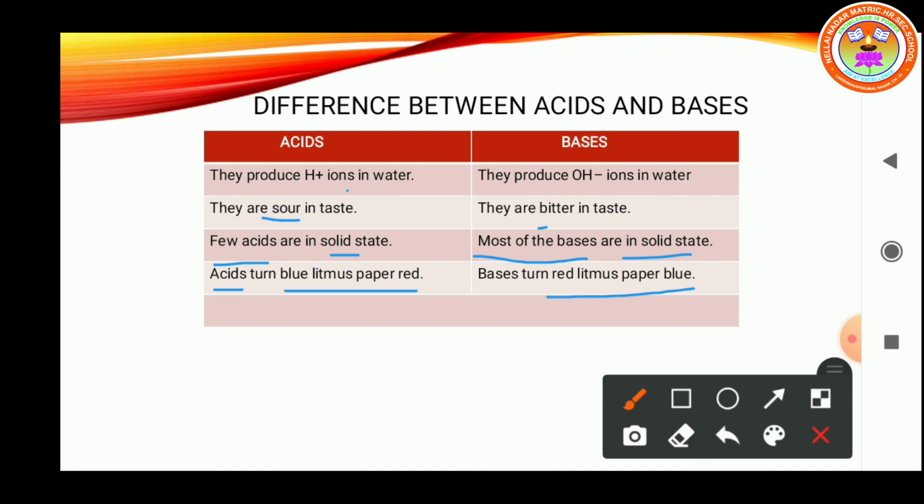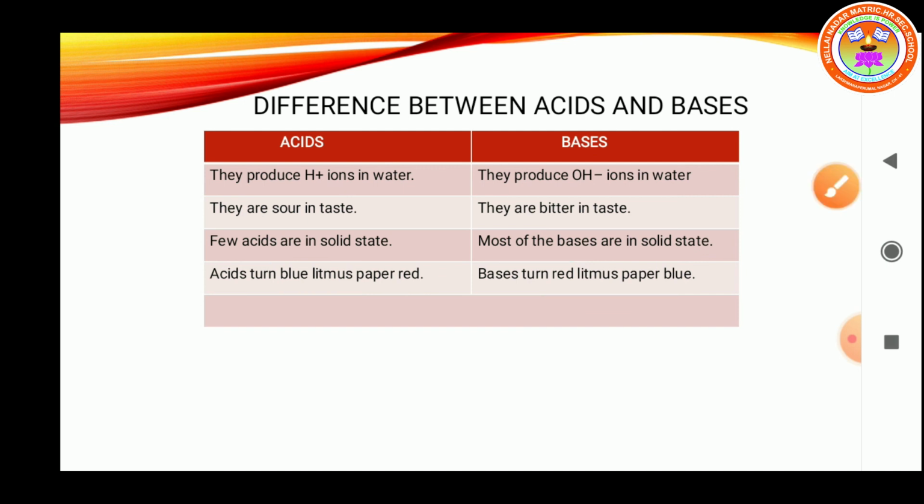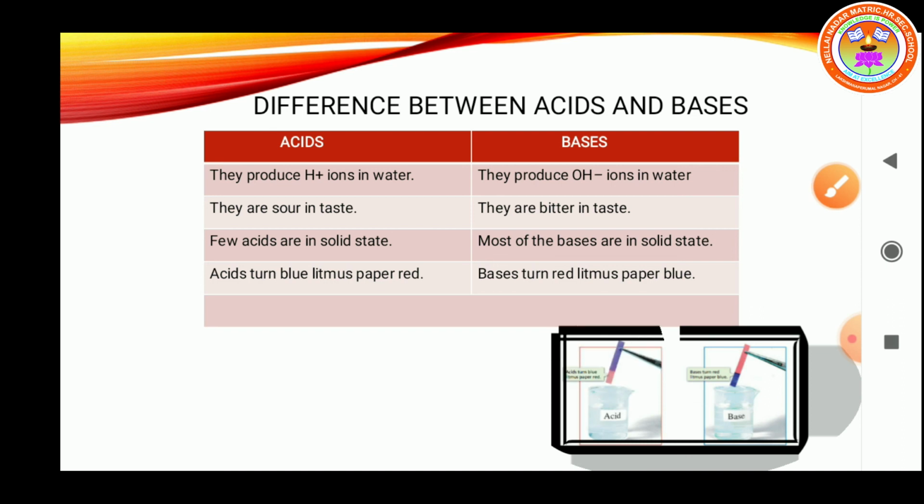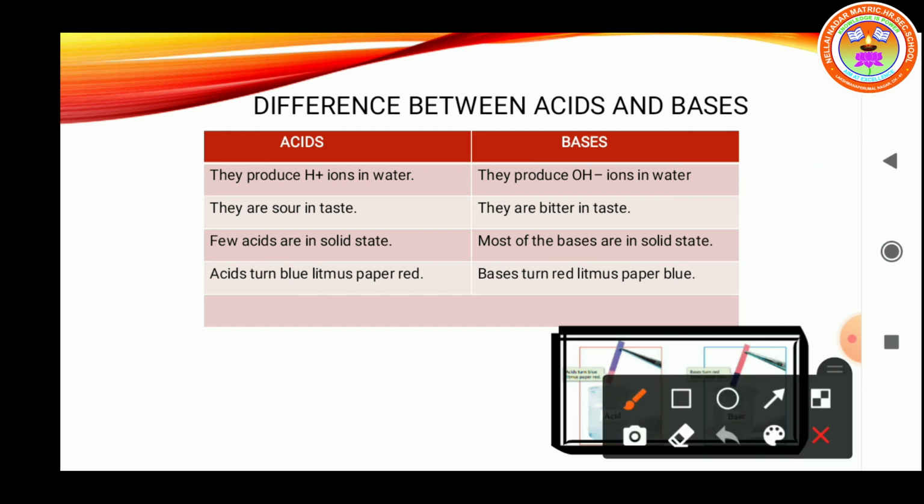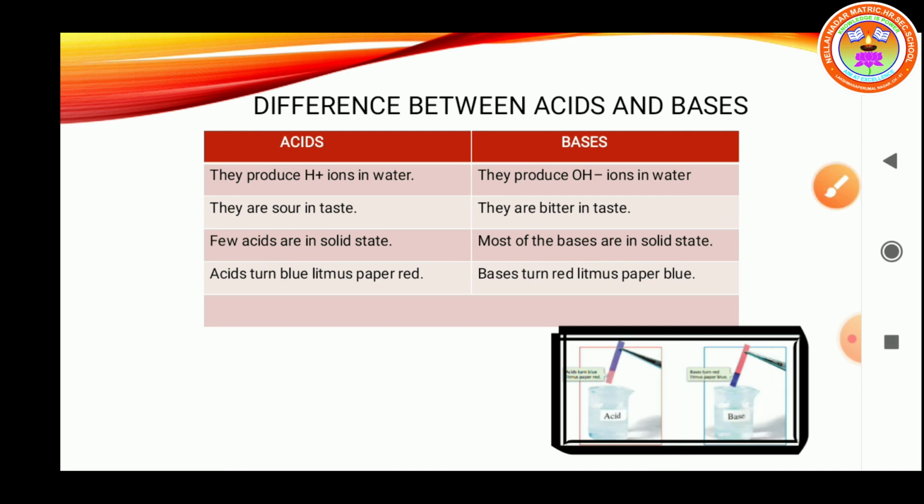Now clear? These are all the differences between acids and bases. Litmus paper test: acid means blue is converted into red. Base means red litmus paper is converted into blue. Okay, now clear?